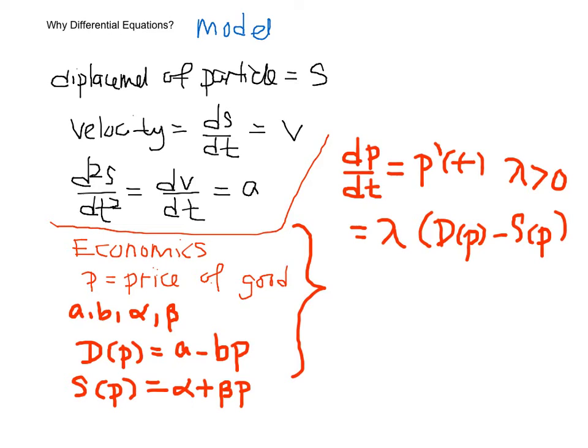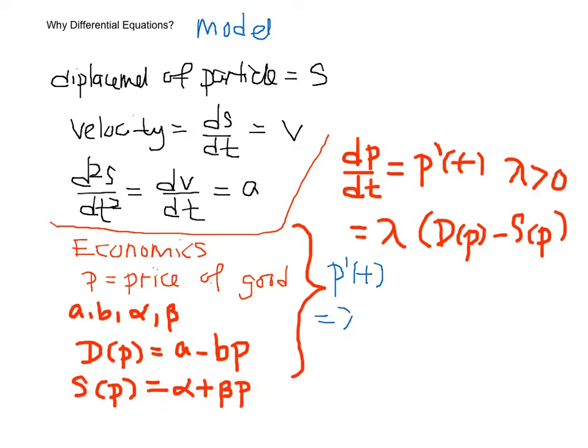Now let me complete this, because I would like to show you what you will get. If you write this out, P prime of t will be equivalent to lambda times the demand function D minus the supply function S. The function D is really this, and the function S is really this one.